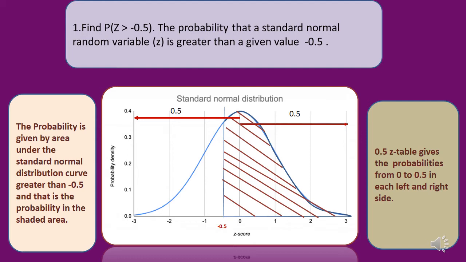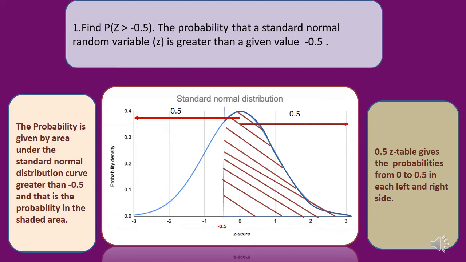From 0 to minus 0.5, there is some particular shaded area, and that can be found by using the Z table. And also you all know 0 to the right side, the total right side for higher than 0, that is 0.5 probability.